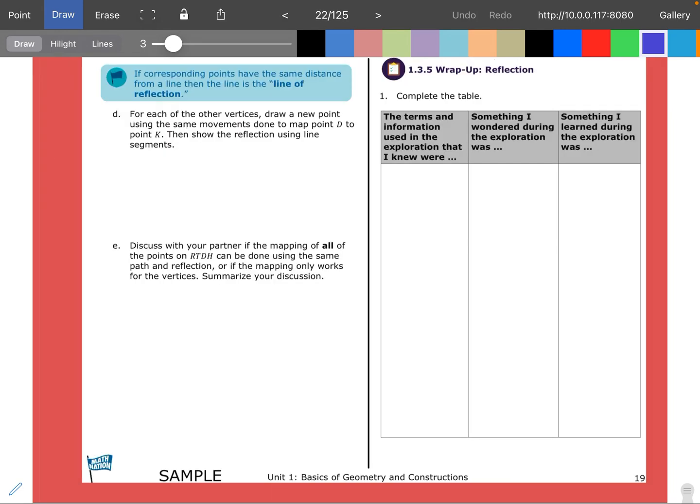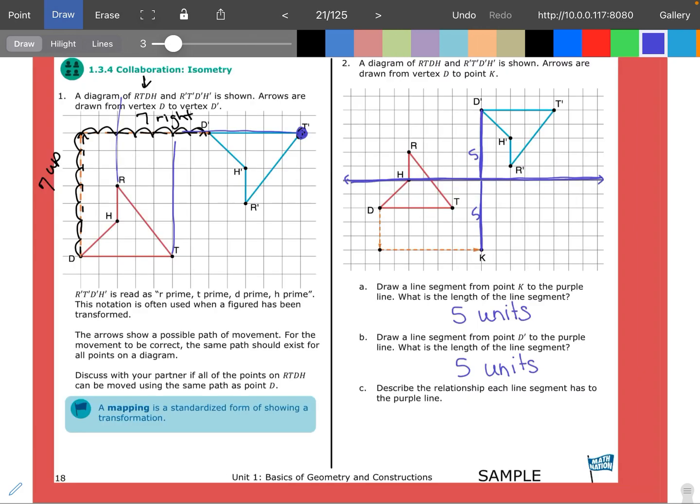For each of the other vertices, draw a new point using the same movements done to map D to K. Then show the reflection using the line segments. So let's go ahead and do that. Looks like the path that they gave us is down 3, and then to the right 7.